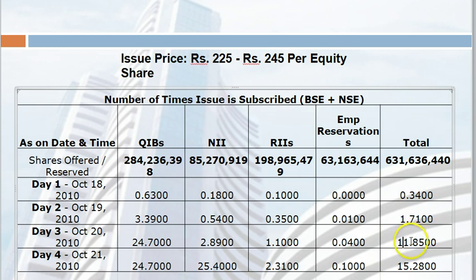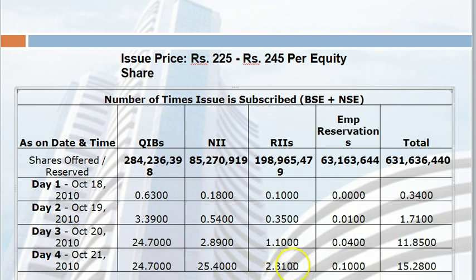In this case, it was very well subscribed, and the retail subscription was only 2.3 times. It's ideal if the retail subscription is very low and the overall subscription is very high, meaning most likely the QIBs and non-institutional investors are oversubscribing heavily compared to retail investors.